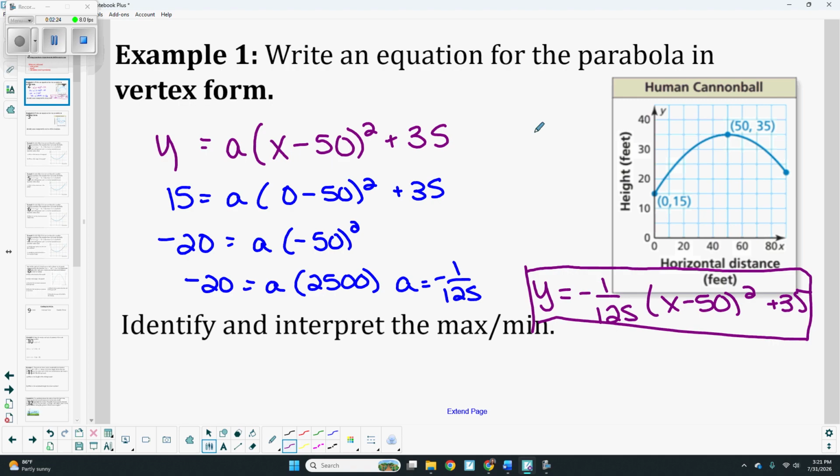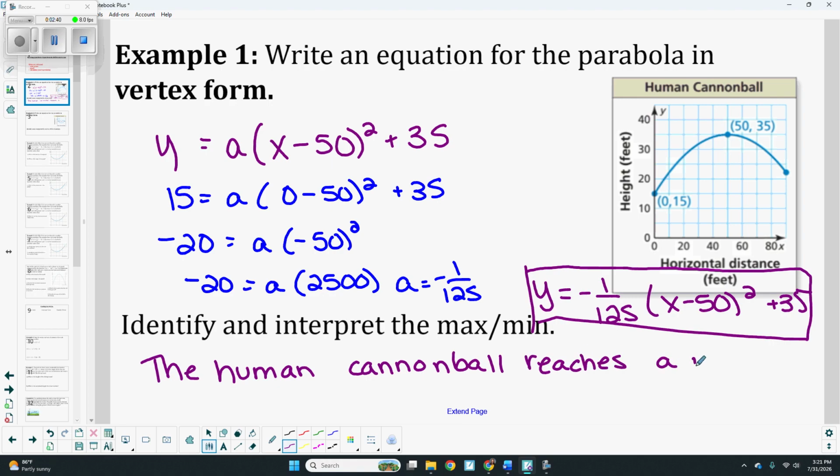So what I could say is the human cannonball reaches a max height of, so we got up to 35, and that was in feet.